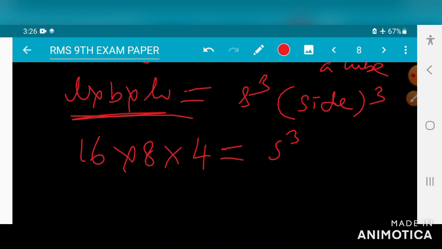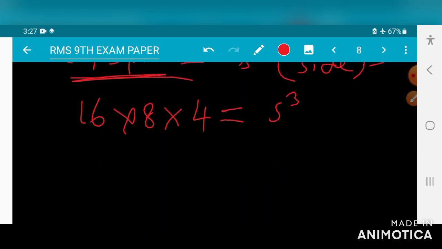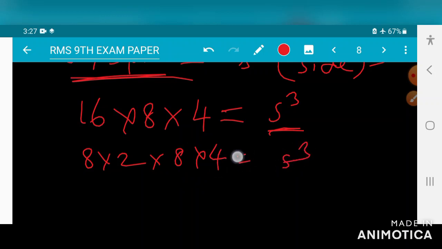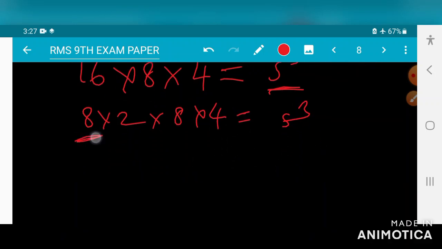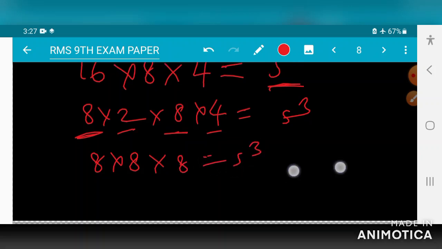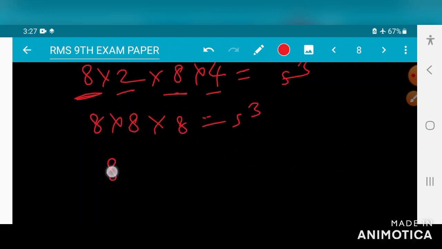Without any calculating, see how to find the side. 16 means 8 twos are 16, and 8 is put as it is, equal to side cube. Now 1 eight is here, 1 eight is here, 8 into 8, and another 2 and 4, 2 fours are 8. Very interesting. Now 8 cube is nothing but side cube.